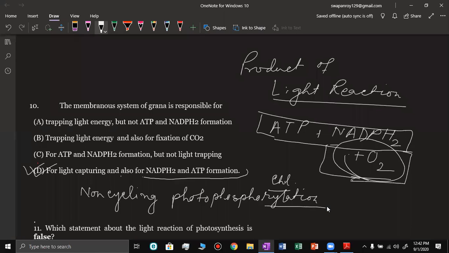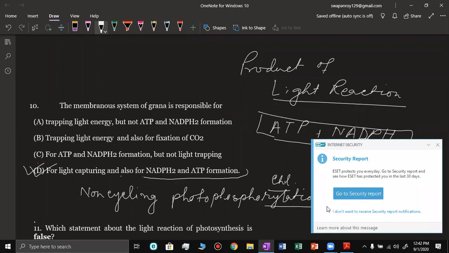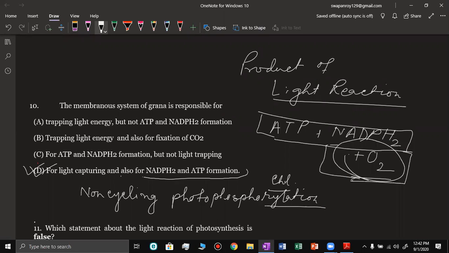So this is also the product of the non-cyclic photophosphorylation. In the cyclic photophosphorylation, only ATP is produced and no NADPH2 and oxygen are produced. Next question.